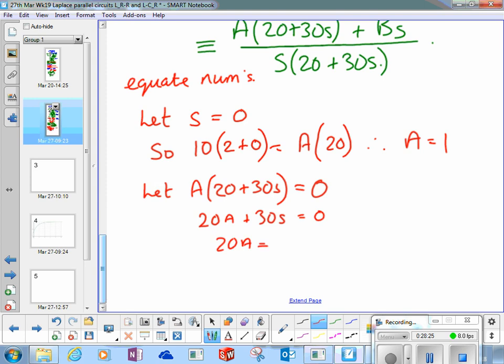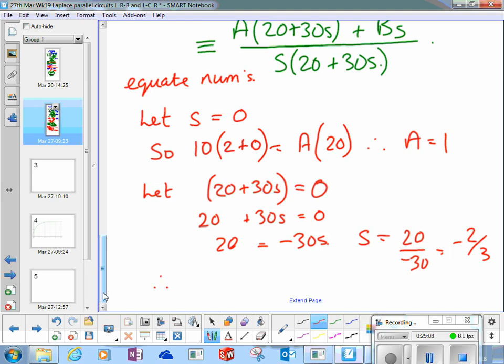S is equal to, hang on, we don't want the A in there, sorry, that's my fault. That equals 0, so we don't need the A's. S is equal to minus 20 over 30, which is minus 2/3. Yep, so if you can't see it, let that whole part of the expression, the brackets there, equal 0, and then rearrange for s. Alright?